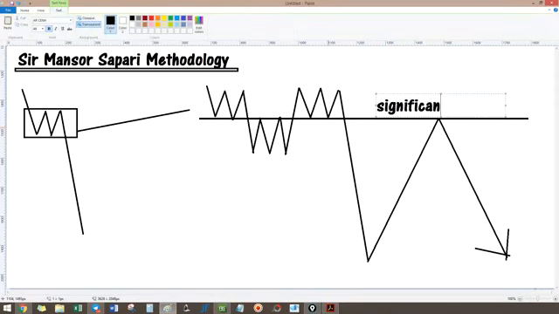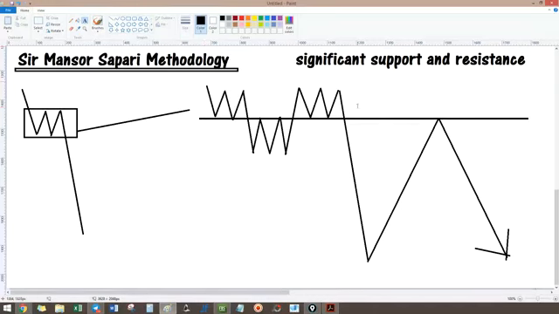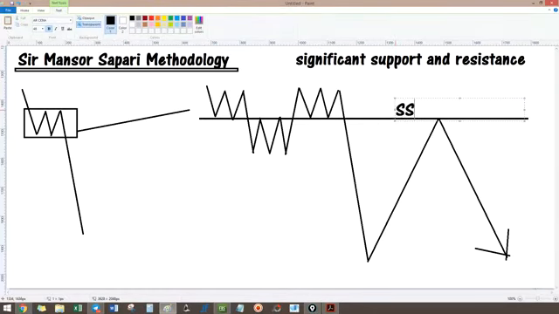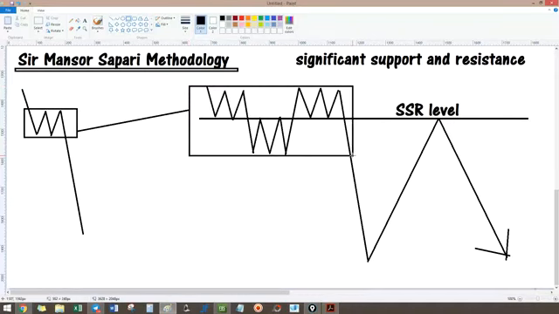Semanso will call this significant support and resistance, or SSR, SSR level. All right, in a base, you will find SSR.